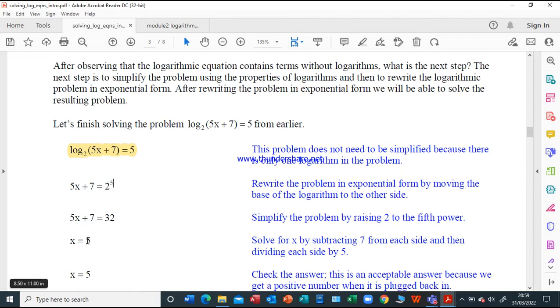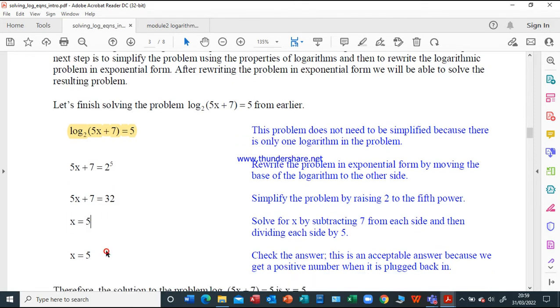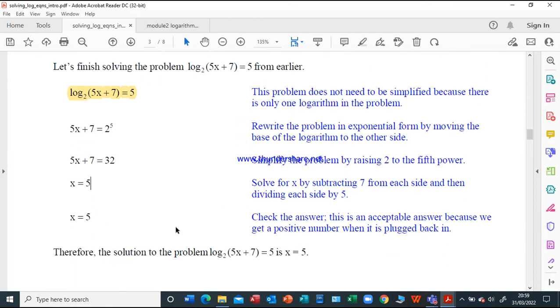Of course there's a line that has been skipped, but you would say 5x is equal to 32 take away 7. 32 take away 7, what is the result? The result is 25, and then you divide both sides by 5 so that you get x equal to 5.